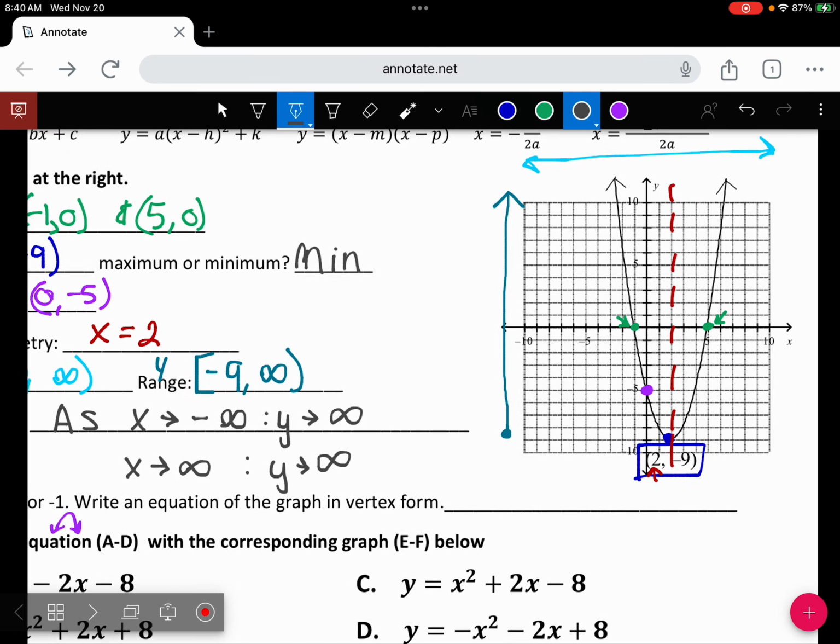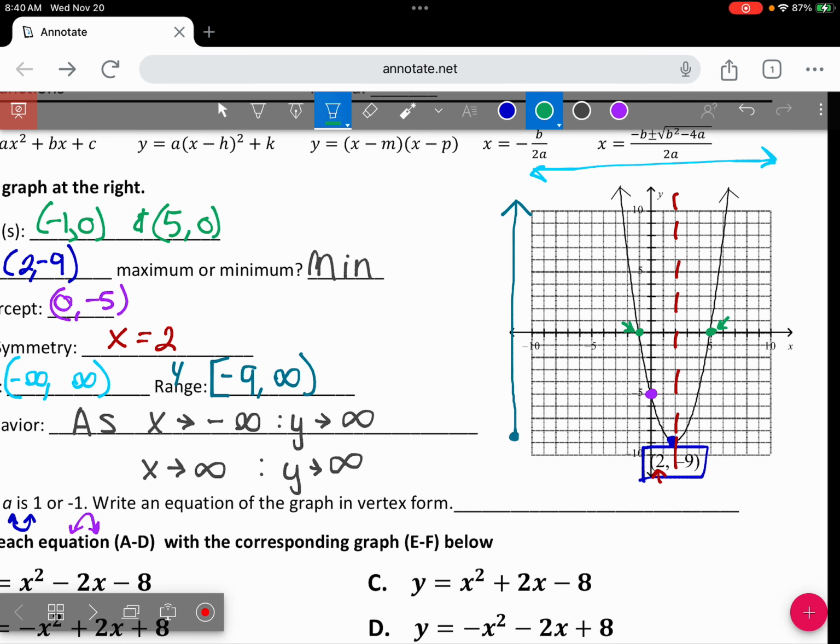So when we go to start to write our equation in our vertex form, meaning we want it to look like this guy, we're going to start with our y equals, and we've decided this is a happy face, so I'm going to put my +1. X minus, what's my h?